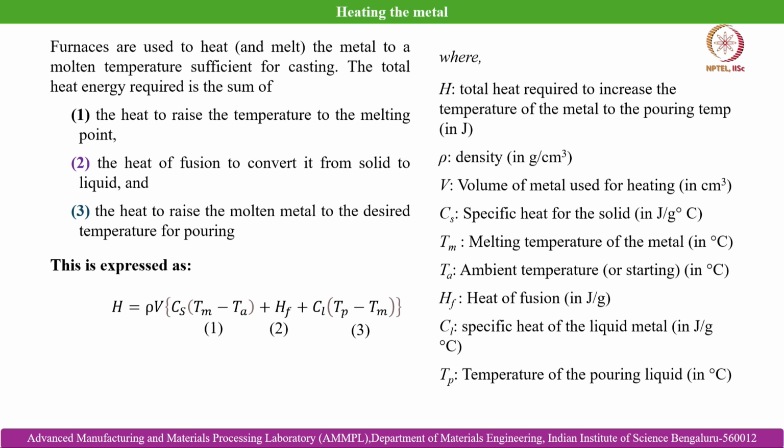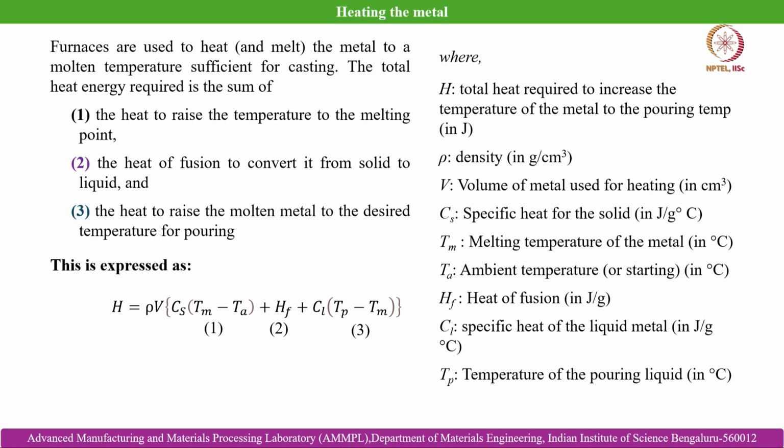The heat required to prepare the liquid melt, we can split into three components. Number one is the heat required to raise the temperature of the solid ingot from ambient temperature to the melting temperature of that particular metal, and then there is the heat of fusion, HF, which is needed for the phase change process, that means solid to liquid.